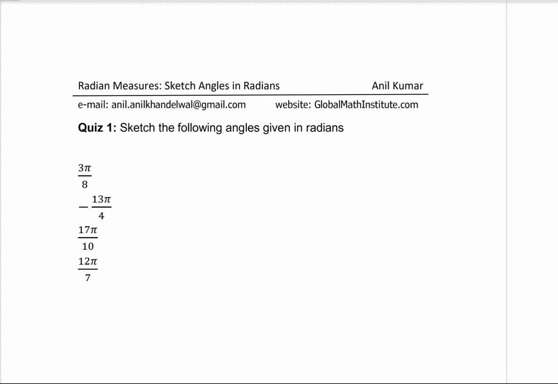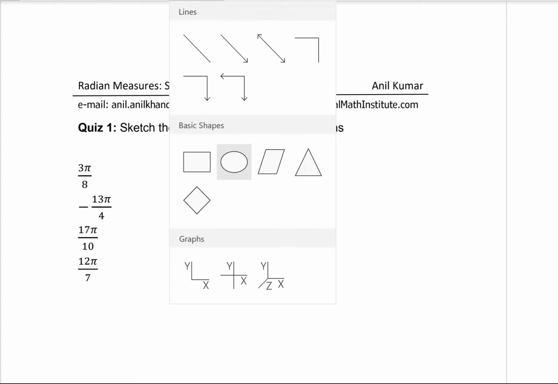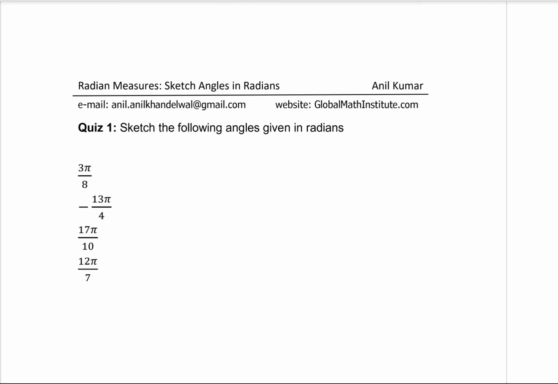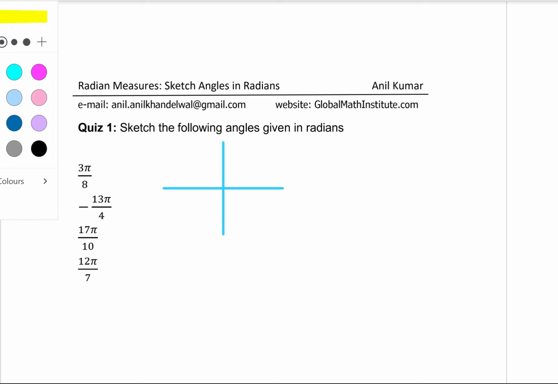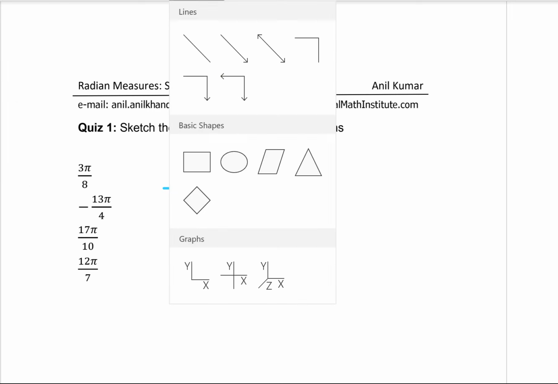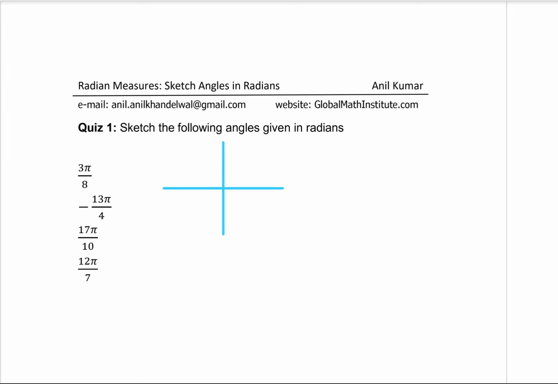So the very first one which I have here is 3 pi by 8. So let me make a small sketch here for 3 pi by 8. Right, so what we have here is, we'll make a circle. We'll divide this circle into 8 equal parts. 8 parts means, well, this is 4 parts, right?